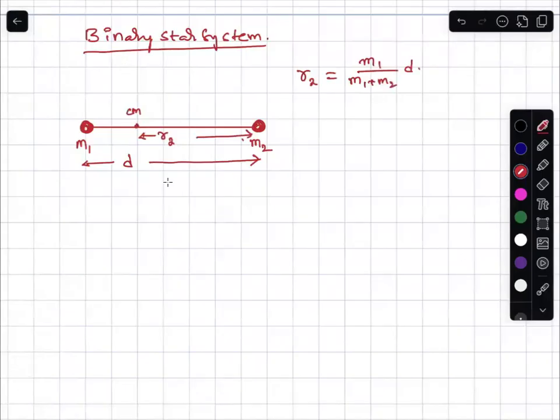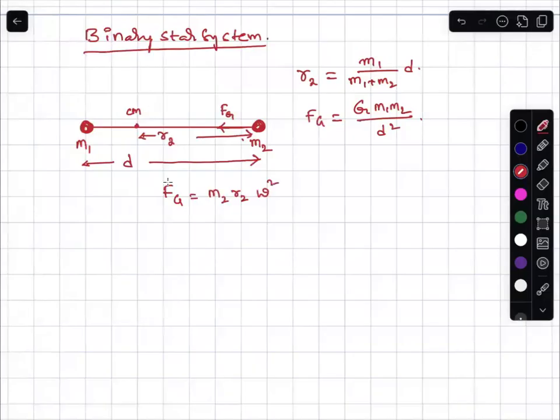Now, m2 is experiencing a gravitational force, and this gravitational force is nothing but G times m1 m2 by d square. For the rotation, necessary centripetal force is supplied by the gravitational force: m2 r2 omega square.